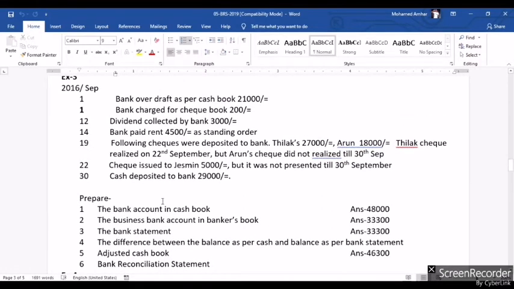As we did earlier, on this sum also, we shall do the first and second questions first.